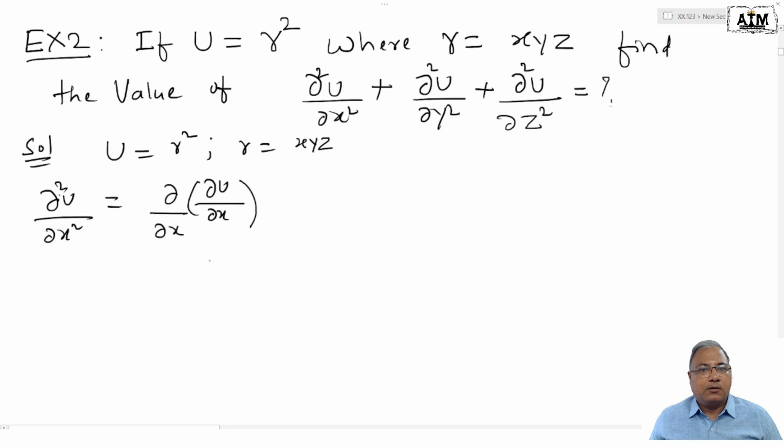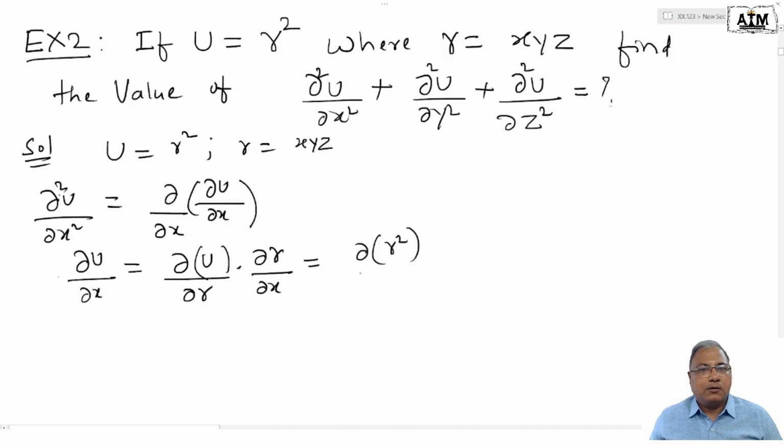with respect to x. Del u by del x is the partial derivative of u with respect to r multiplied by the partial derivative of r with respect to x, that is the partial derivative of r square with respect to r multiplied by the partial derivative of xyz with respect to x.